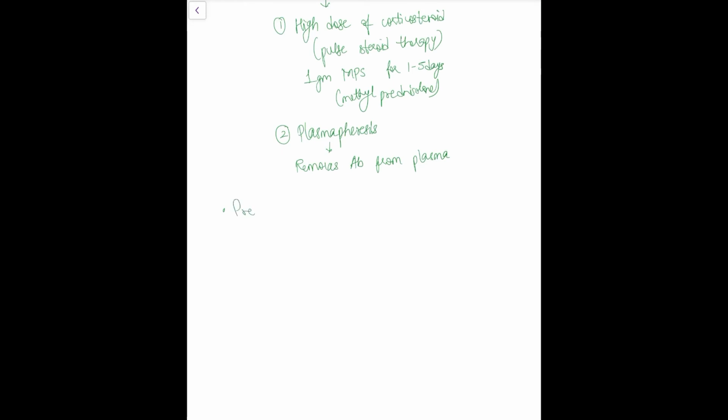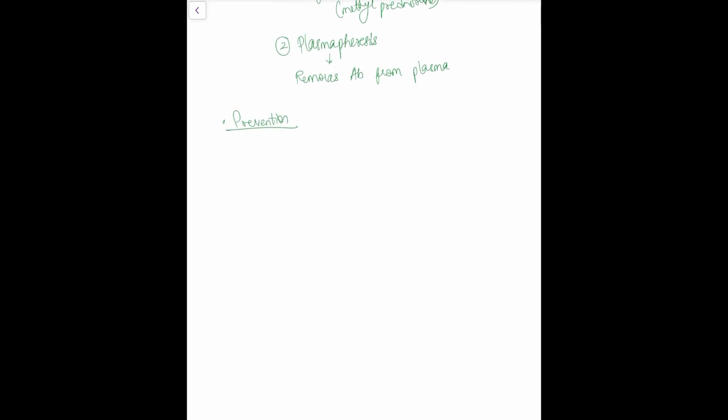Like we've seen, it is an inflammatory process. An antibody is attacking the oligodendrocytes. So you would want to give an immunosuppressant.